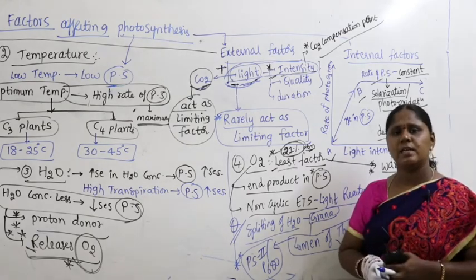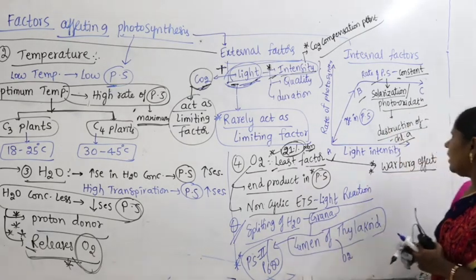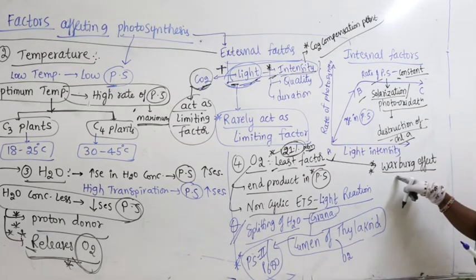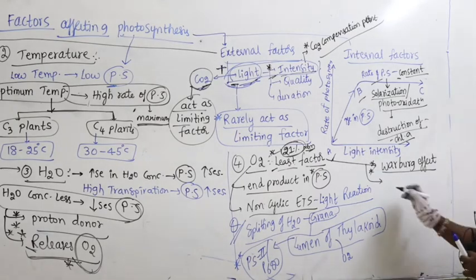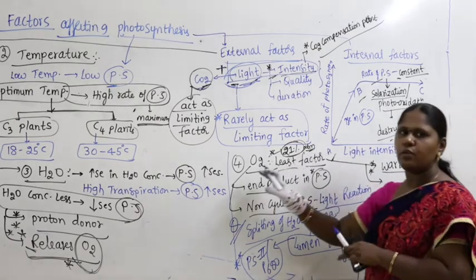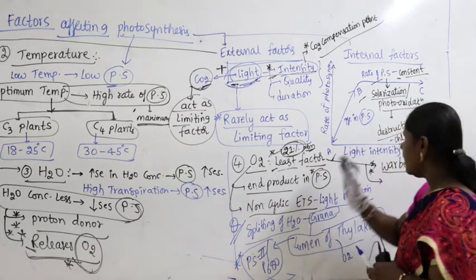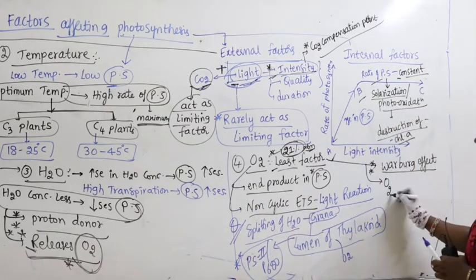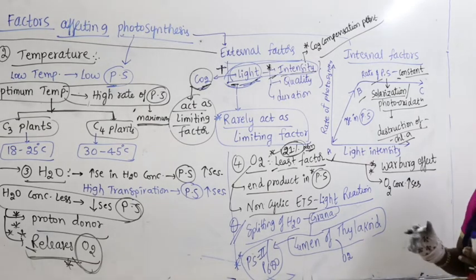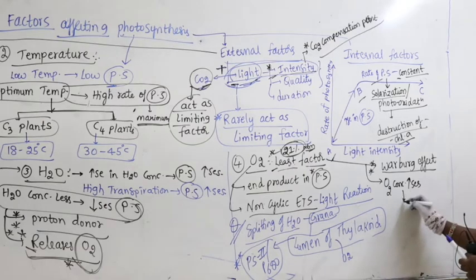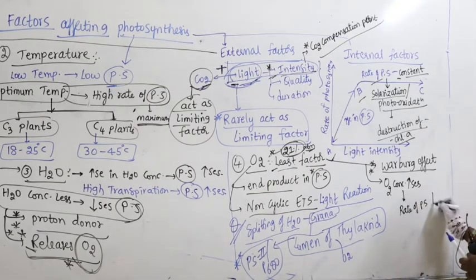But simultaneously, you know the discovery of Warburg, which we studied in the last class as the Warburg effect. What is the Warburg effect? According to this, a general concentration of oxygen will not affect photosynthesis, but if the oxygen concentration increases to drastic levels, then the rate of photosynthesis declines.